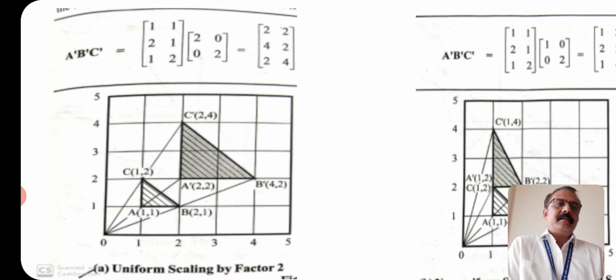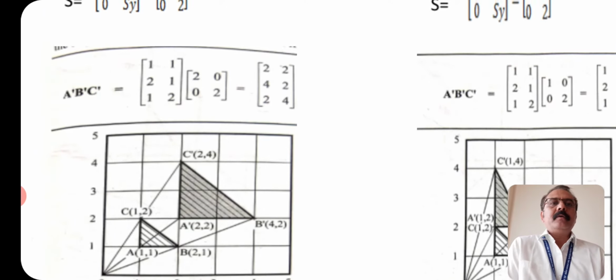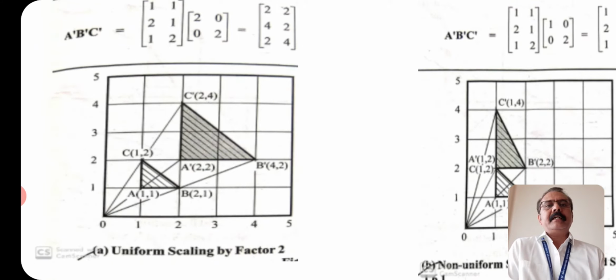It means that after scaling the given triangle ABC with scaling factor 2 both in x and y direction, you will get the new coordinates of triangle ABC as A dash (2,2), B dash (4,2) and C dash (2,4). It is represented graphically.